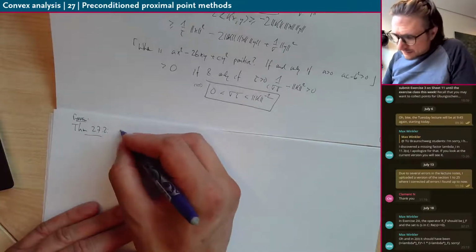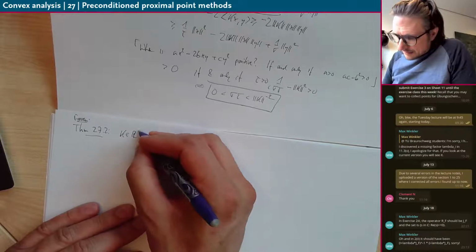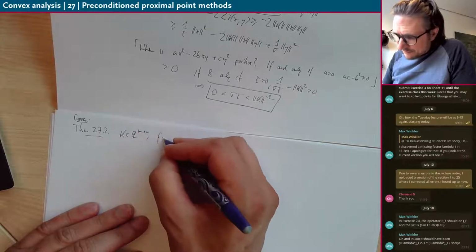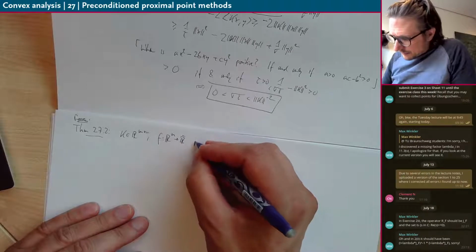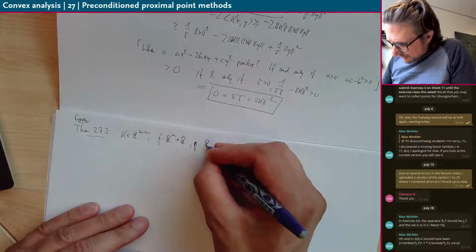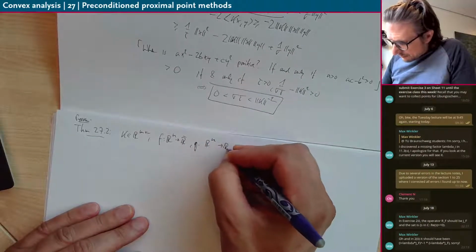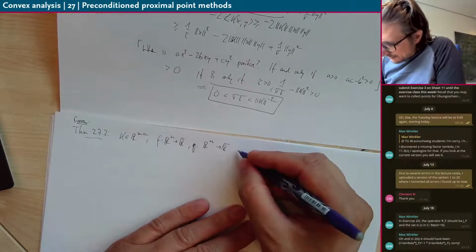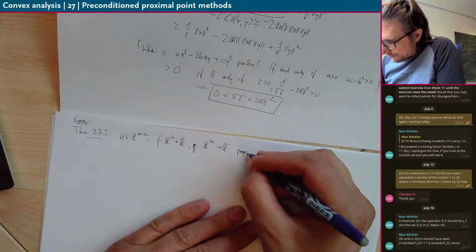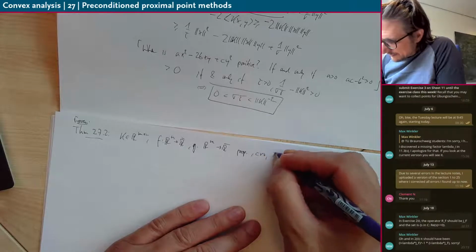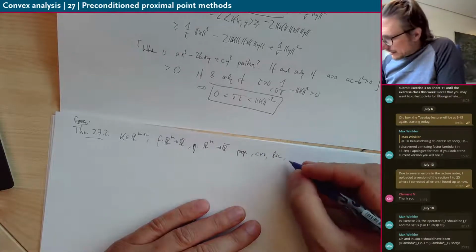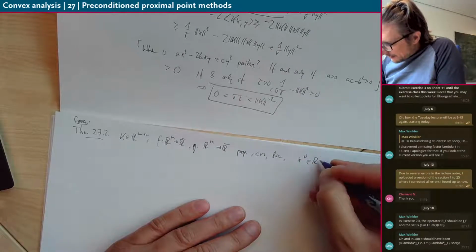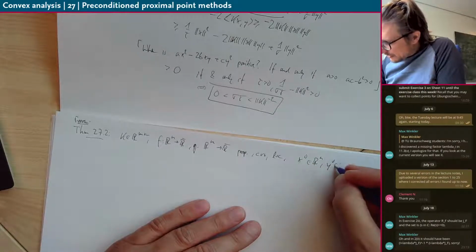Under our conditions, k is again an m by n matrix, f from Rn to R extended and g from Rm to R extended, both proper, convex, lower semi-continuous, x0 in Rn arbitrary, y0 in Rm arbitrary.